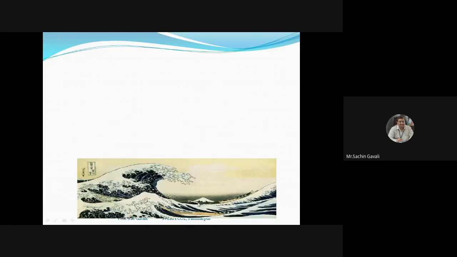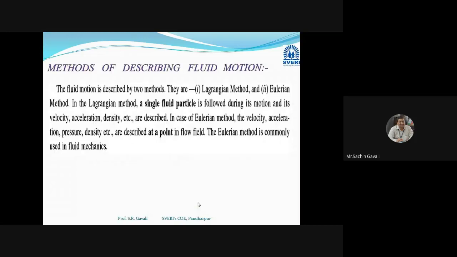Now, to describe the methods of fluid flow, there are two types of methods. One is the Lagrangian method, and another is the Eulerian method.